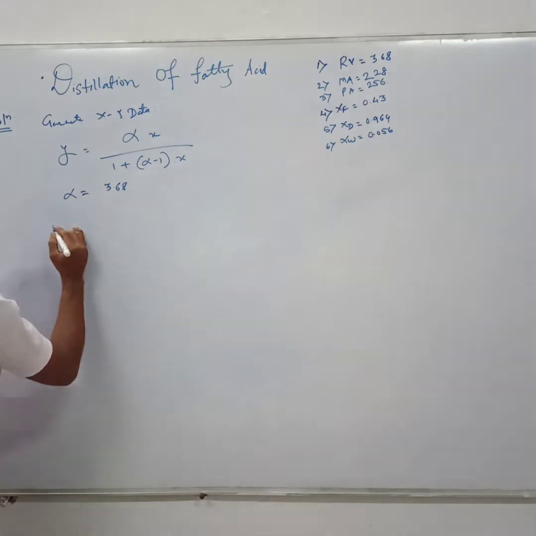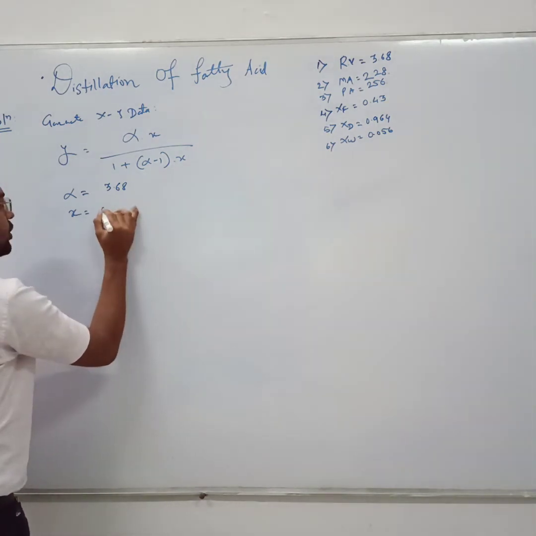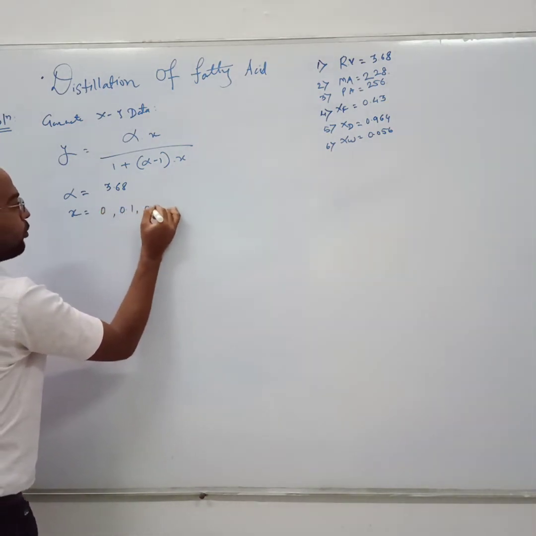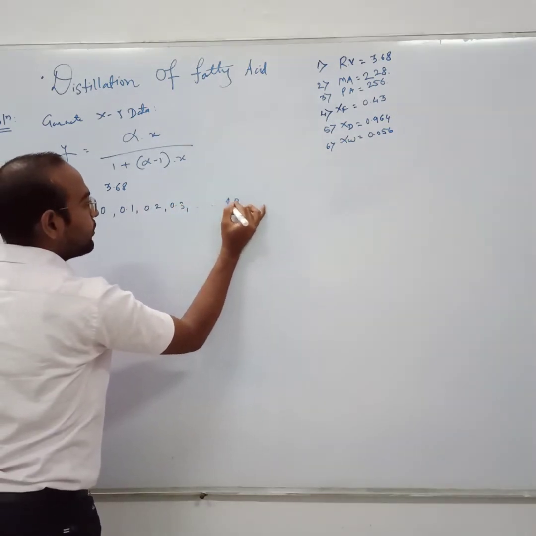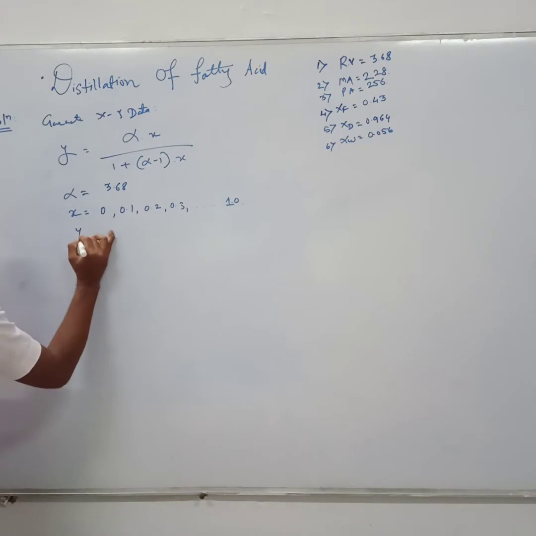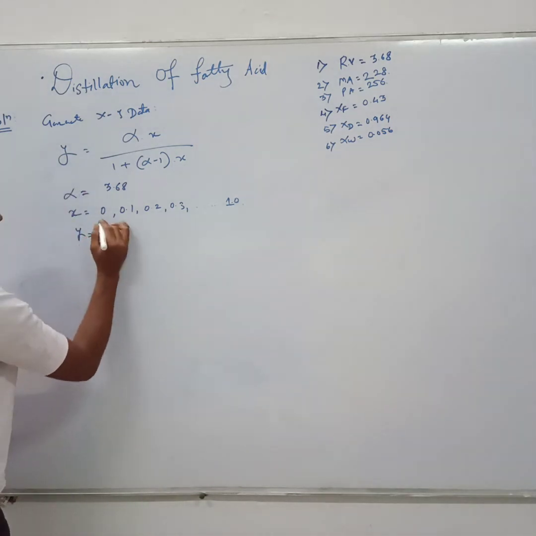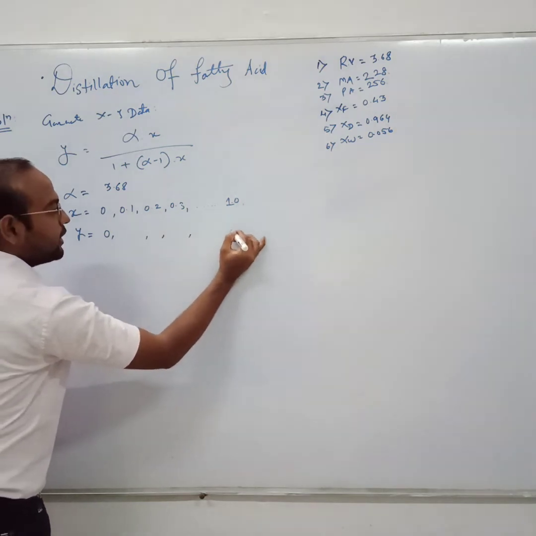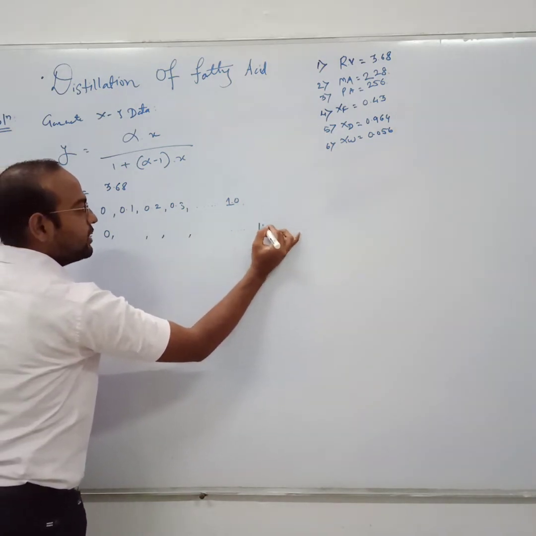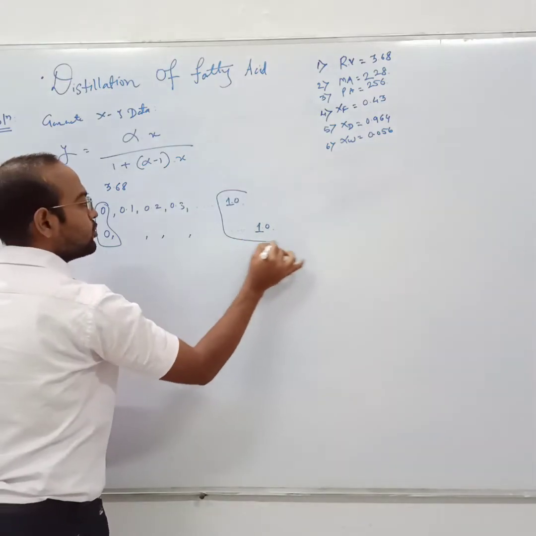Then we assume the value of x initially. We assume the value of x from 0, 0.1, 0.2, 0.3 up to 1.0. And similarly we get the value of y. When you put the values of alpha and x in this formula, we get the value of y, starting with 0 and ending with 1.0.